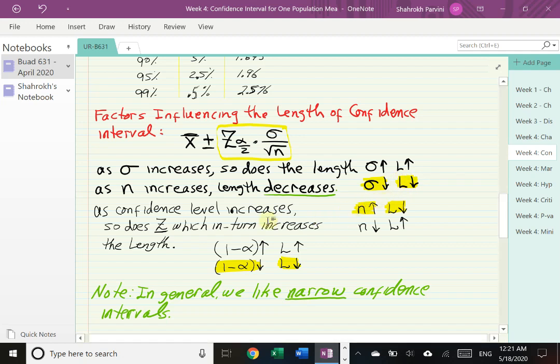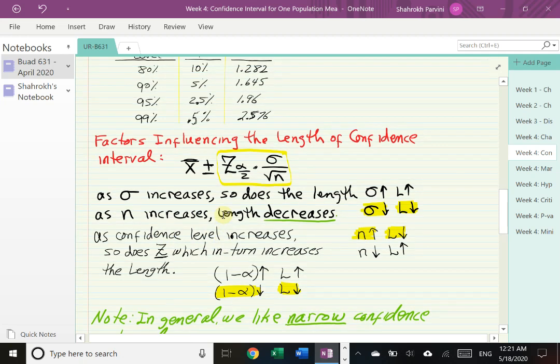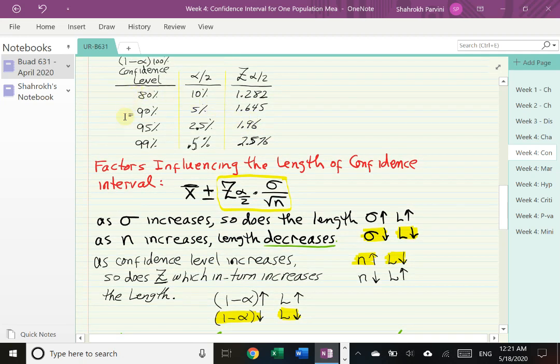What if we increase our confidence level? That's your 1 minus alpha. Well, the greater the confidence level, and you can see that up here, see what happens to your confidence levels: 80, 90, 95, 99. As you increase it, look what happens to your z-scores. They're getting bigger and bigger because you're pushing out into the tails of the distribution.